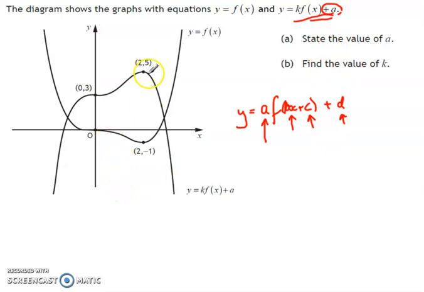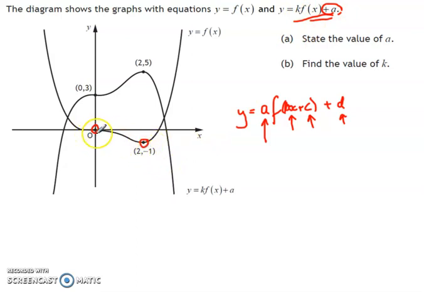Now we could look at any of the points that were given. So if you look here, there's a point given here on the y-axis, or we've got the point given here. However, this one here would be the easiest one to look at. We've got two transformations happening to the graph. We've got the k f of x and we've got the plus a. So two things are going to happen to this point here.